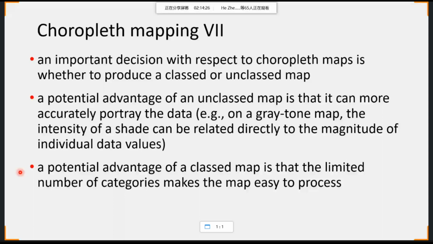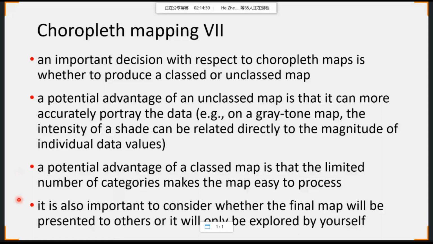It is also important to consider whether the final map will be presented to others or it will only be explored by yourself. So we talked about that. You can use maps and visualizations in a very early stage, just to get a first impression of the data, for example, a quick and dirty version that is not produced for any other uses. It's just produced for yourself to get some insight into the data.